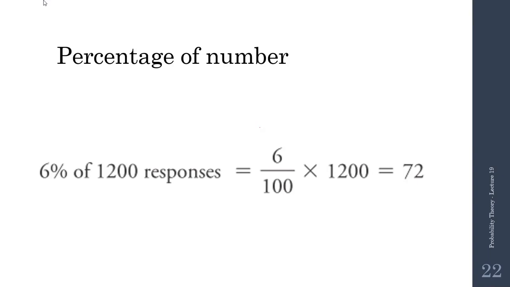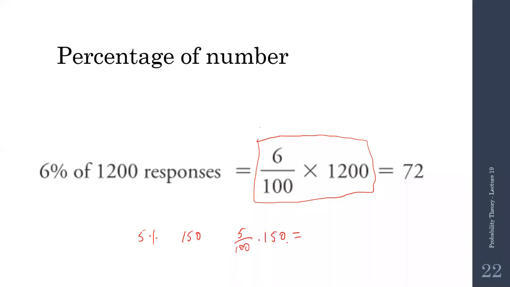6% of 1,200 people, we get 6 over 100 multiplied by 1,200. Or for example, if I want to find 5% of 150 people, I have to multiply this one by this one.